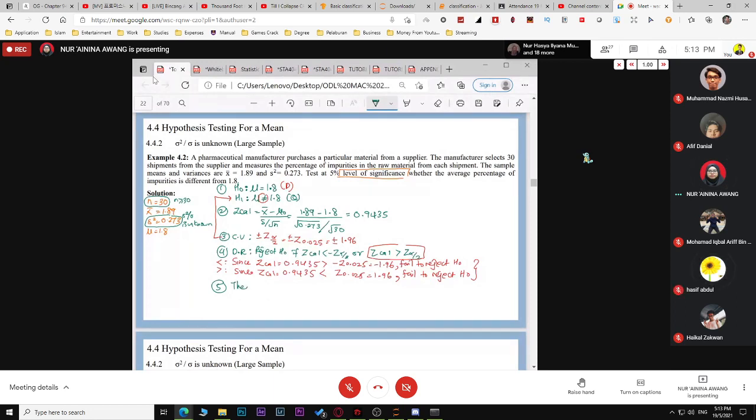Not enough. Okay, there is not enough evidence, and then just salin je lah to conclude that the average percentage of impurities is different.